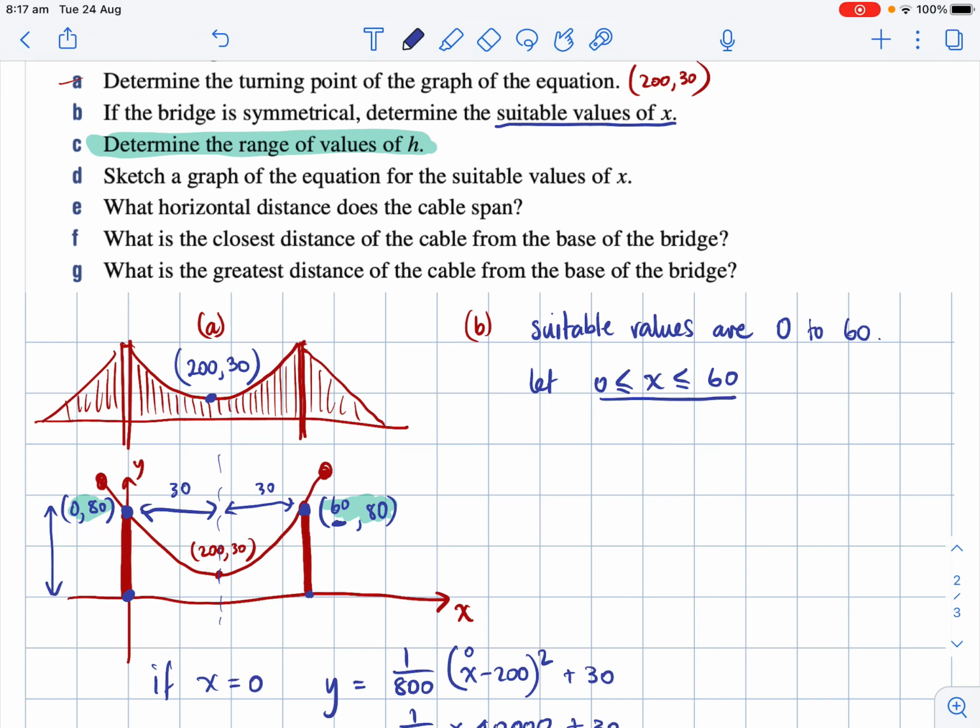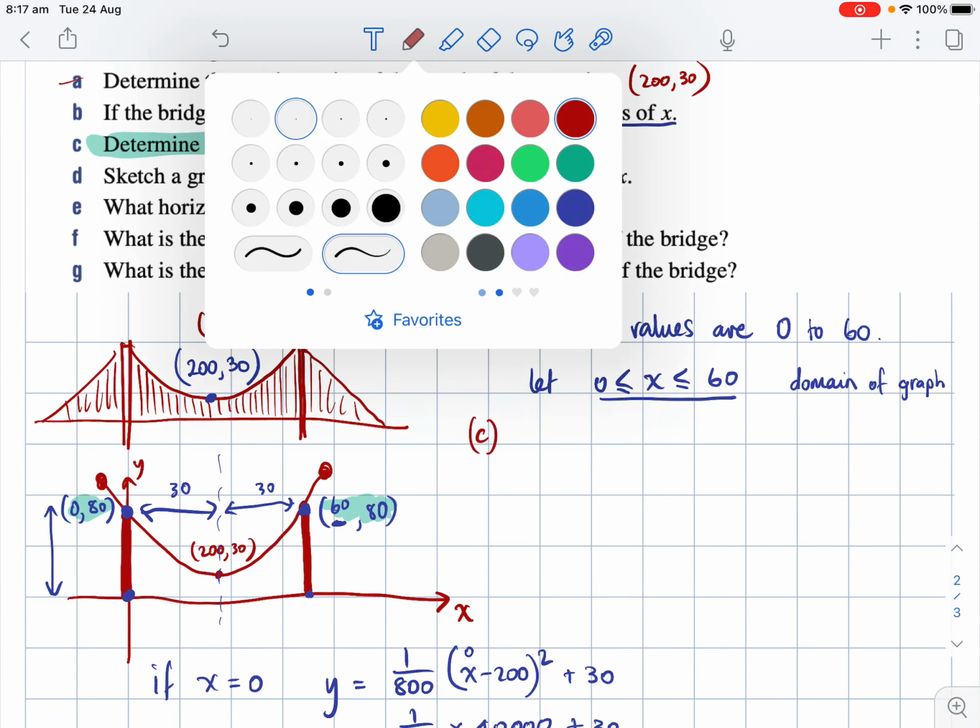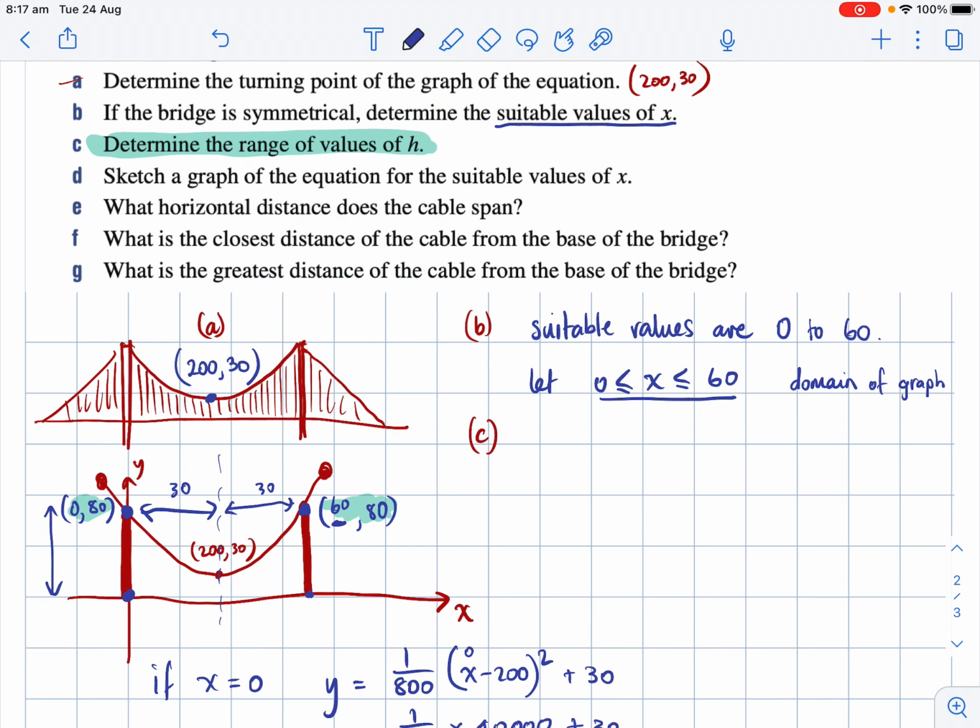So my possible x values, that's called the domain of the graph. And the y values, that's called the range. So my y values go from 0 to 80, and that's called the range of the graph.